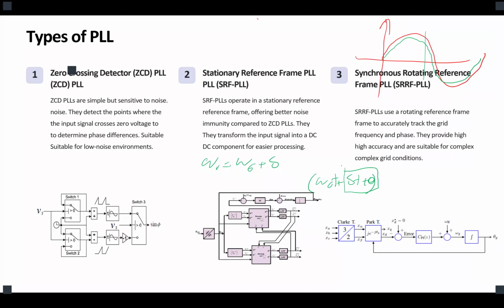Do you see what I'm saying? Any deviation from the frequency would be translated, from the system perspective, into a change in the phase angle, meaning it would change the active power injection, meaning you lost control of your active power injection into the grid.